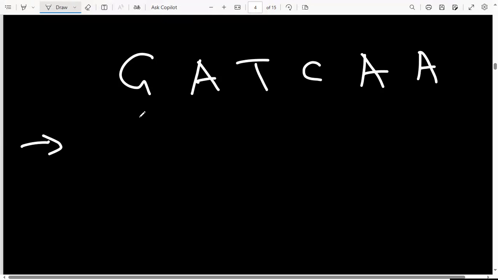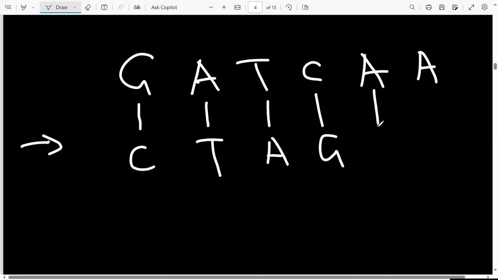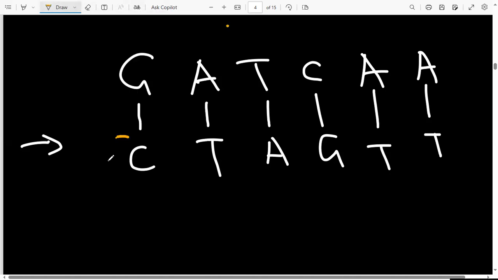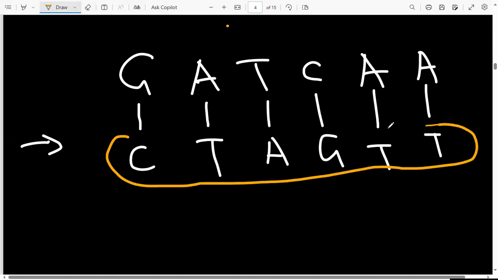So this one here will pair with the C, this here will pair with the T, this here will pair with the A, the C here will pair with the G, the A here will pair with the T, even this A here will pair with the what? The T. So what we have come up with down here is the complementary strand. This guy here that I'm highlighting is the complementary strand for the first one.